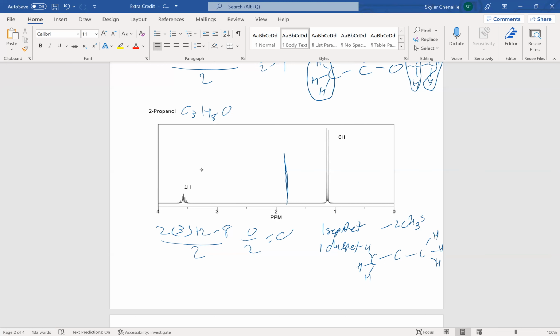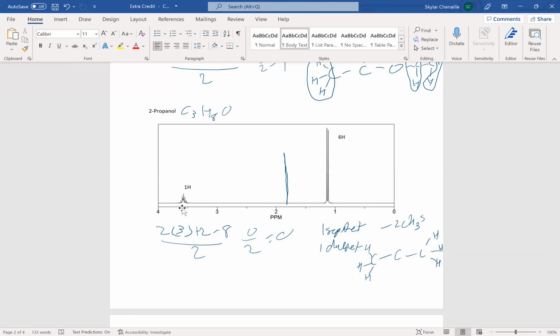Okay, so if we run with that, that is 6 of our hydrogens already used up, which is perfect. We know we have an unsaturation degree of 0, so there's no double bonds that we have to worry about. So now we just have 2 hydrogens and an oxygen.